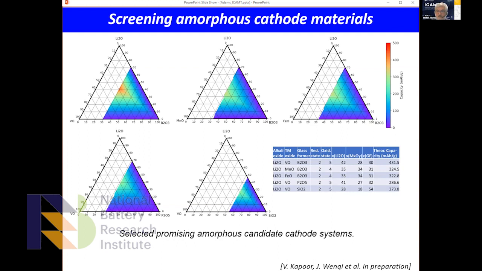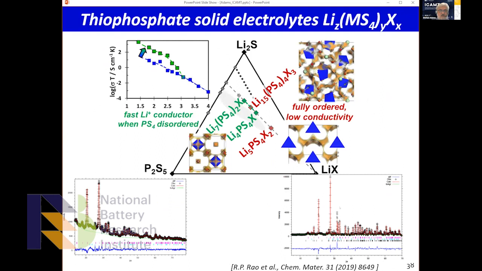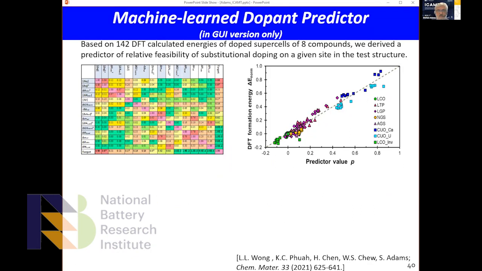So that means you have to have like 300-400 milliampere hour per gram, and then 3 or 4 volt as the voltage, then you can reach this. So we try to find in the corresponding systems here with the glass formers to have high ionic conductivity, where would be good materials, and then we can maybe skip all this.